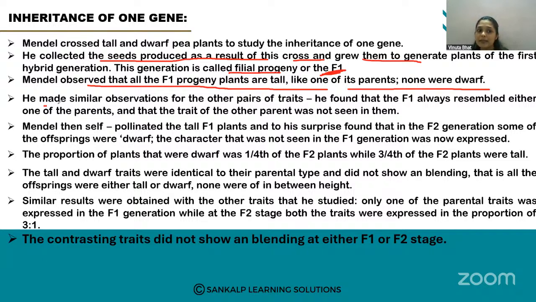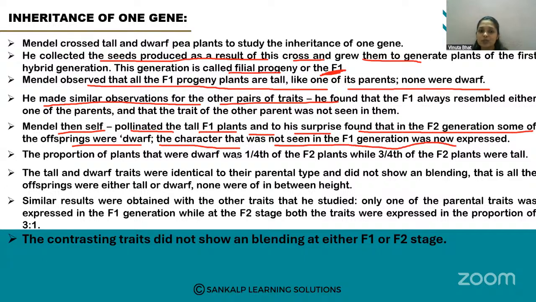Okay, he made similar observations for the other pairs of traits also, and got the same result. Mendel then self-pollinated the tall F1 plants, and to his surprise found that in the F2 generation some of the offspring were dwarf, and the character that was not seen in the F1 generation was now expressed.